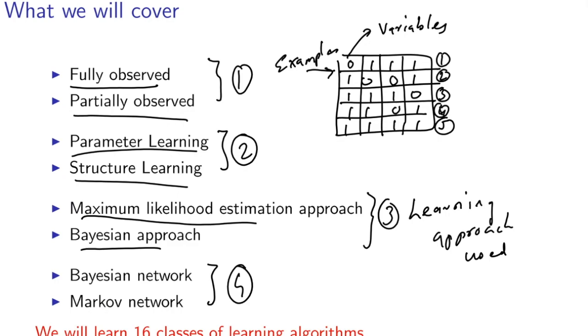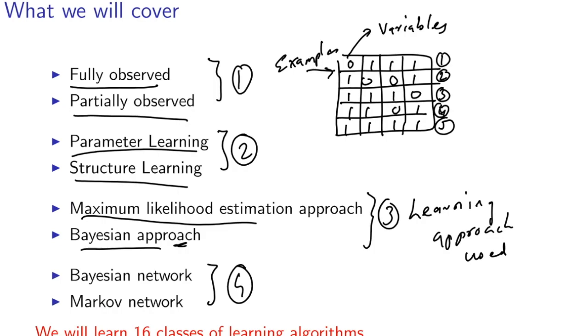The maximum likelihood estimation approach is based on the maximum likelihood estimation principle, as the name suggests, and what it relies on is the data to do all the talking. What I mean is that the MLE principle, or the maximum likelihood estimation principle, relies only on the data to perform the learning task, while the Bayesian approach combines data with prior knowledge to learn a graphical model.